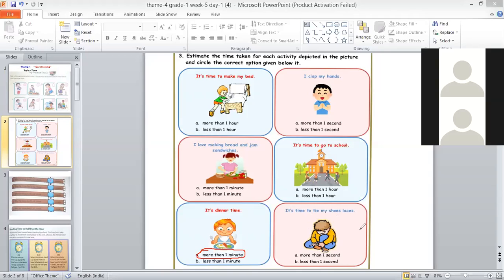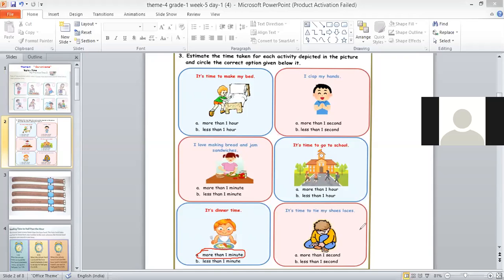Riyansika, please read. It's time to tie my shoelaces. More than 1 second, less than 1 second. So if you are tying your shoelace, will you take less than 1 second or more than 1 second? Less than 1 second. See, 1 second is a very short time.